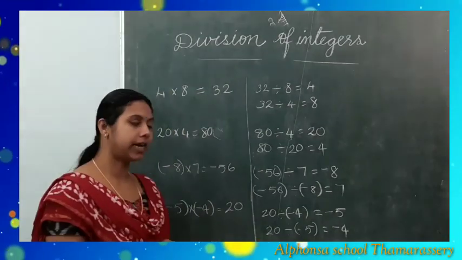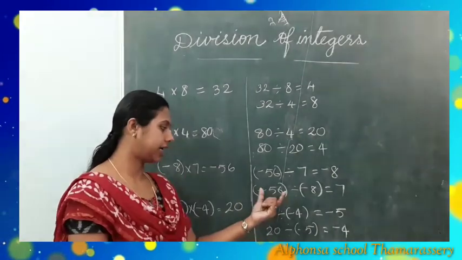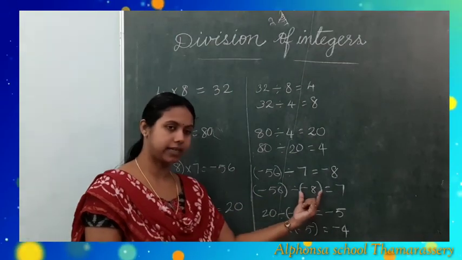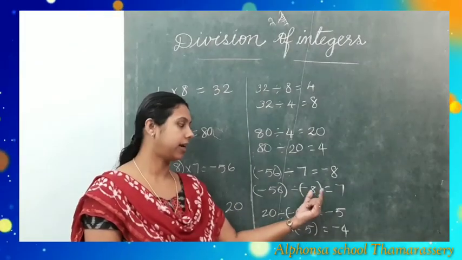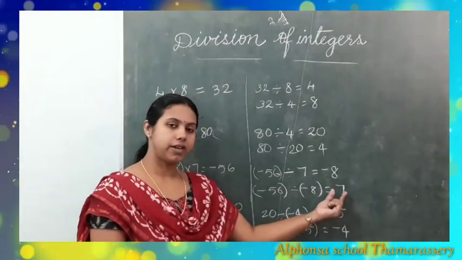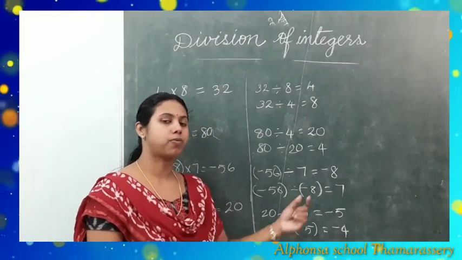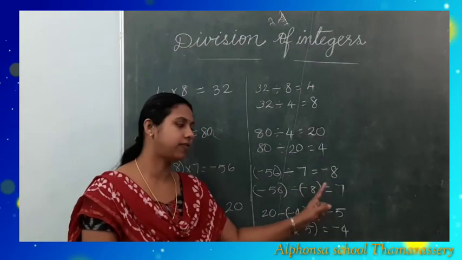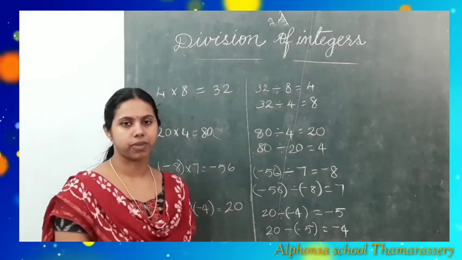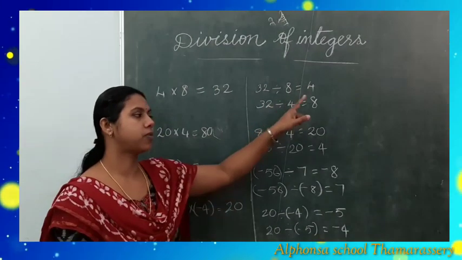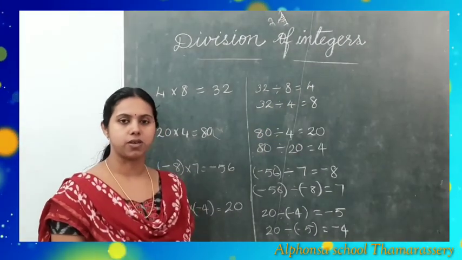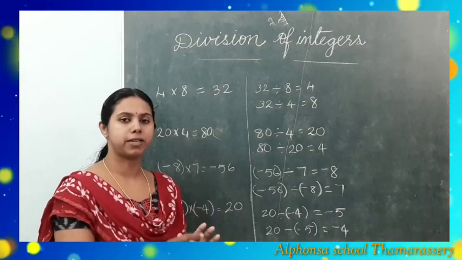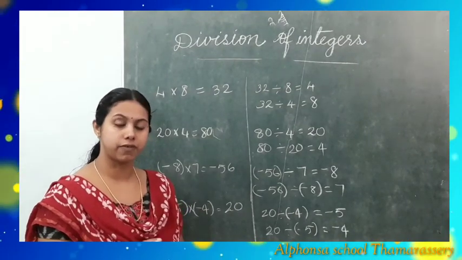And if both are negative integers, a negative integer divided by another negative integer, then divide them as whole numbers and put a positive sign before the quotient. Negative divided by negative is positive. And a positive divided by positive is also positive. So the same rules of multiplication we are applying in division also.